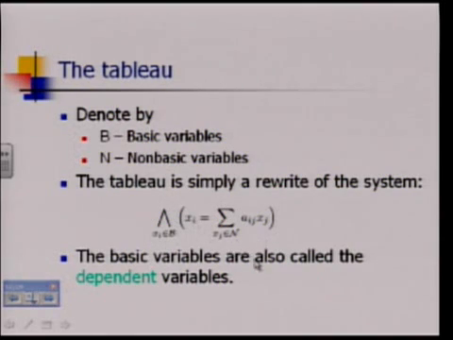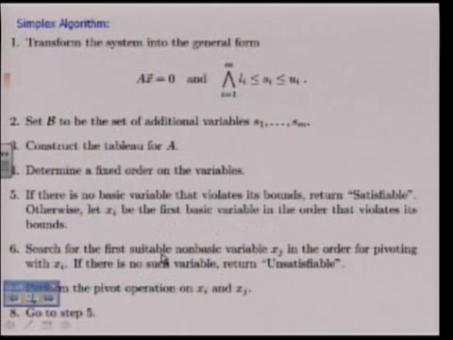And the basic variables sometimes are called dependent variables, depending on the context. Like if people in management science or operations research, they probably use some terms that are not really in the strict mathematical sense very accurate.